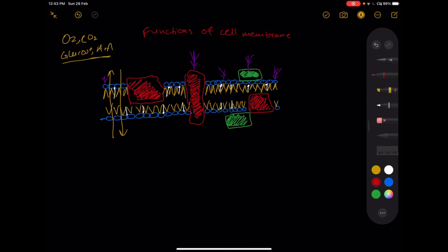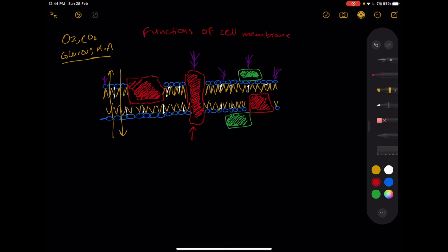What happens is that most of these full-span intrinsic proteins are transport proteins. Although they have other subtypes and perform other functions too, most of them are transport proteins.